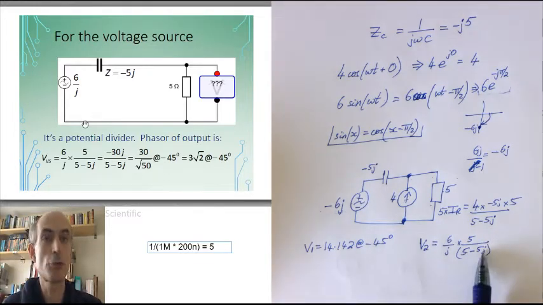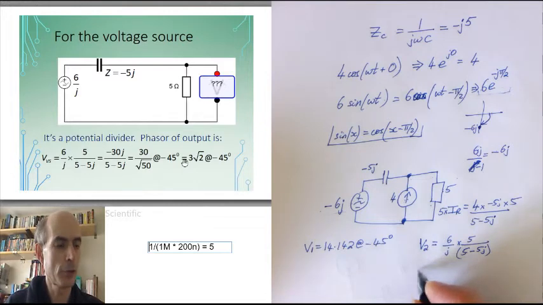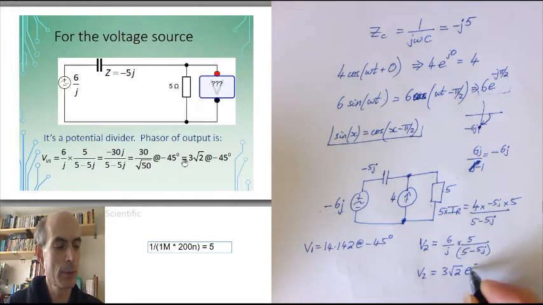That's the sum of the two impedances in the circuit. And then it's just a bit of algebra through that, and I end up with this result here. The second contribution to my voltage, 3 times root 2 times e to the power of j pi over 4, which I sometimes write as 3 root 2 at minus 45 degrees.